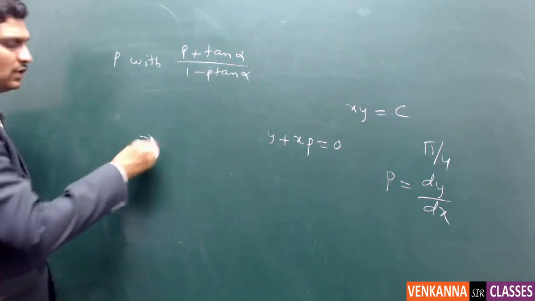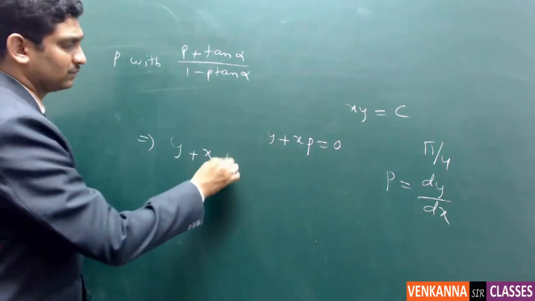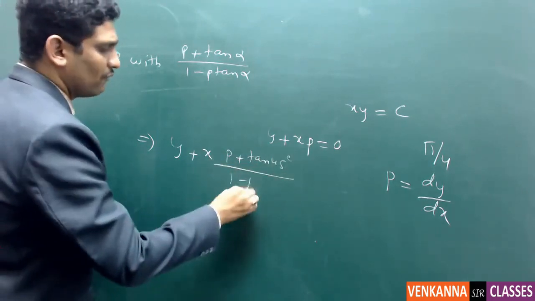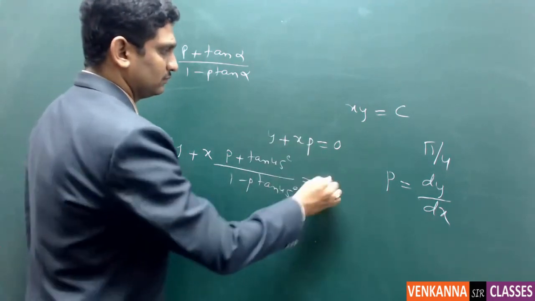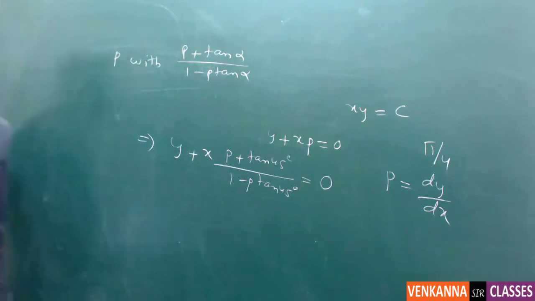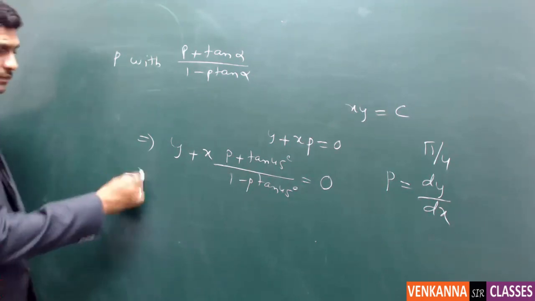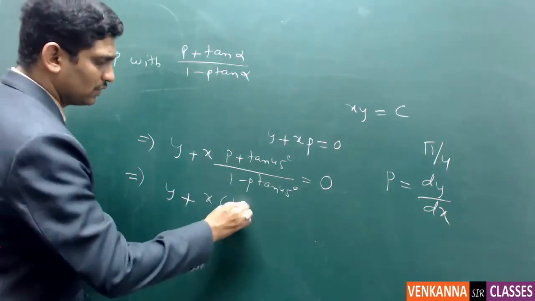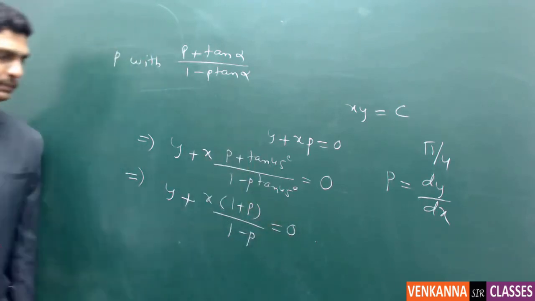So to get the oblique trajectory, y plus x into p plus tan 45 degrees by 1 minus p into tan 45 degrees equal to 0, which is our required equation. If you simplify this, y plus x into 1 plus p by 1 minus p equal to 0.